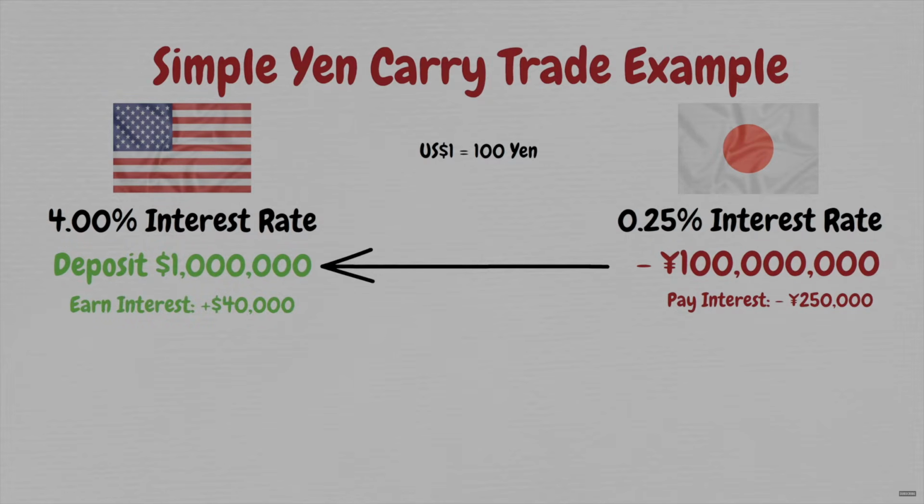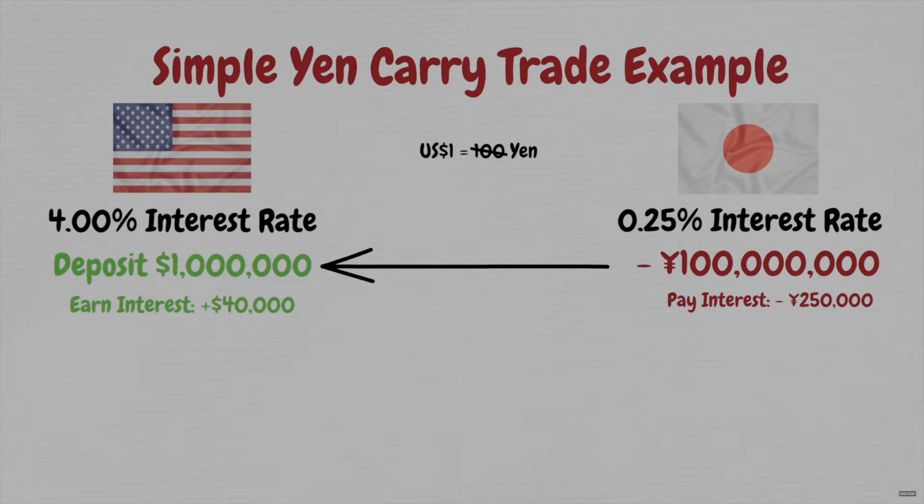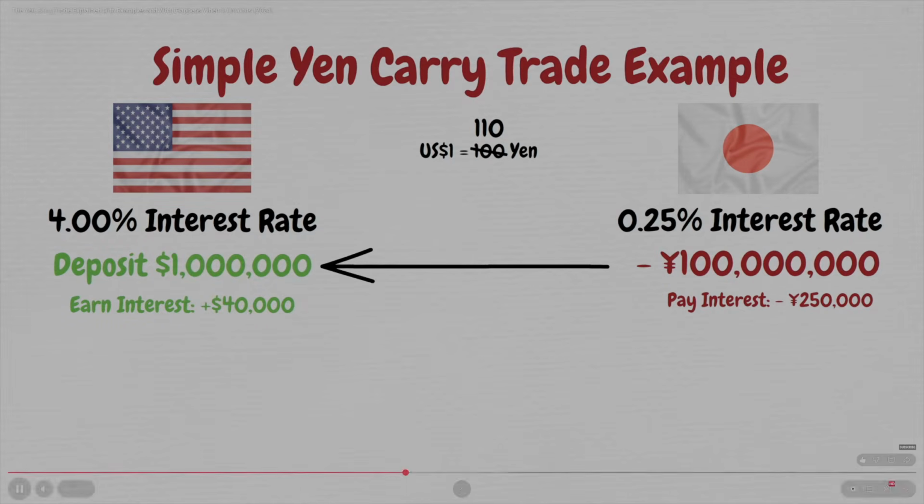Now, let's say that the yen has depreciated, devalued from 100 yen per US dollar to 110 yen per dollar. Remember, if the yen is losing value, it will take more yen to buy $1 US. Let's also assume that we unwind our trade after 1 year and that any interest owed is only payable at the end of that year, just to make things easier to follow.